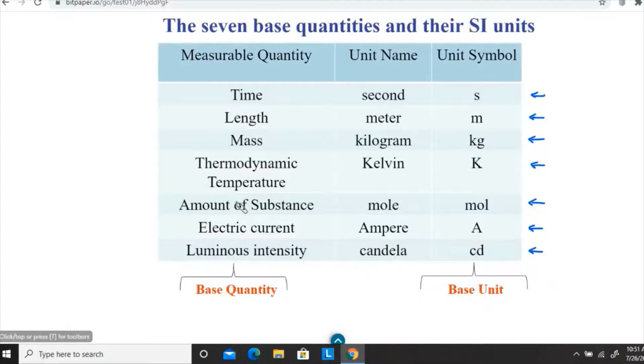So these 7 are called base units. The reason for that is they are fundamental. These physical quantities and their corresponding SI units are not derived from any other quantity. These form the fundamental physical quantities that we are going to discuss in this course.